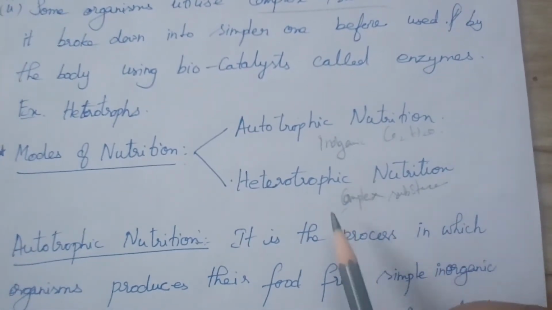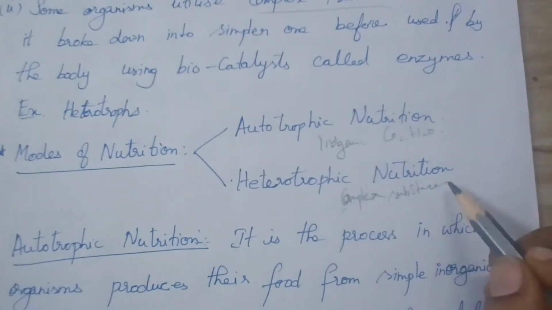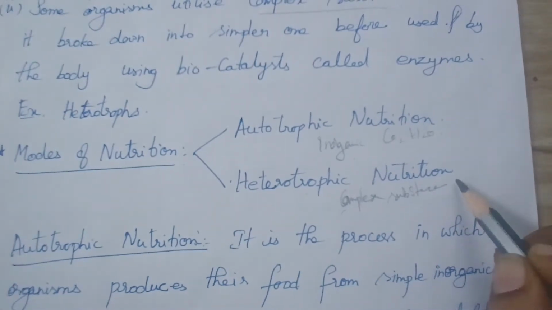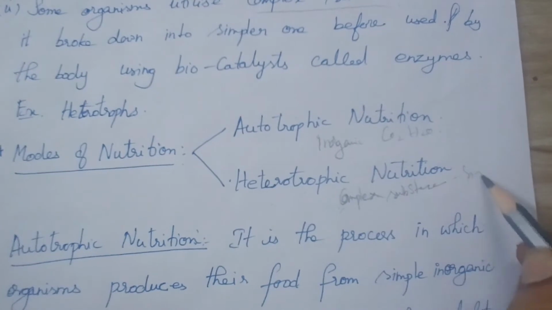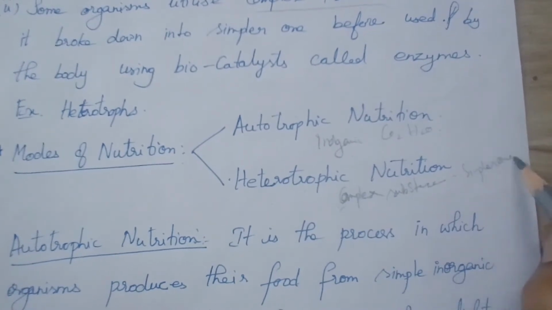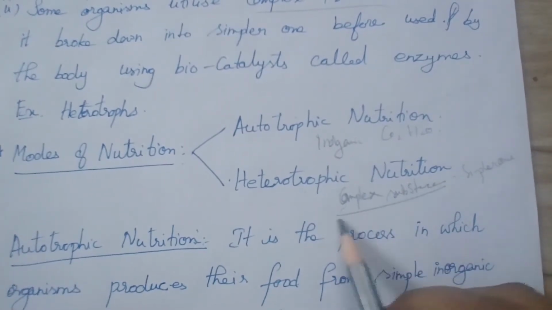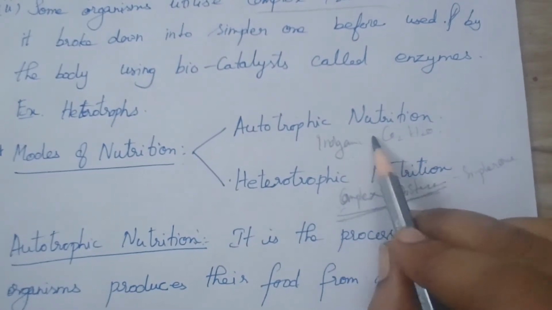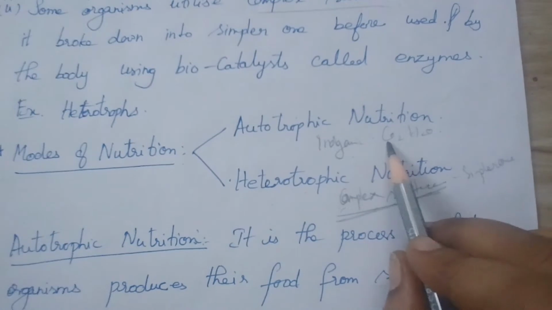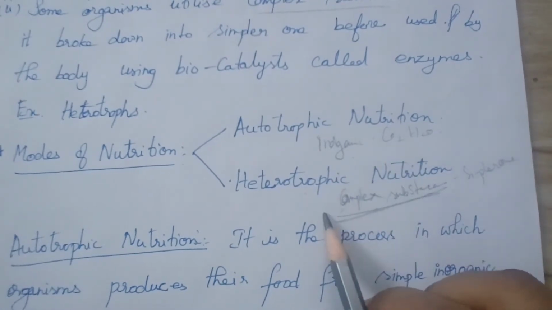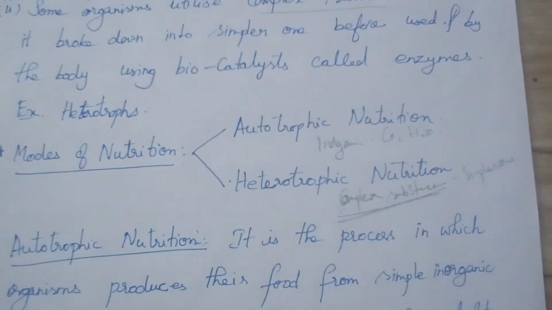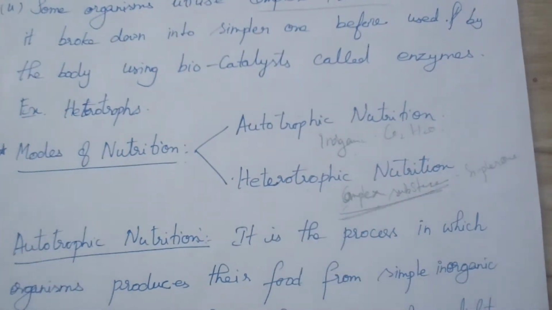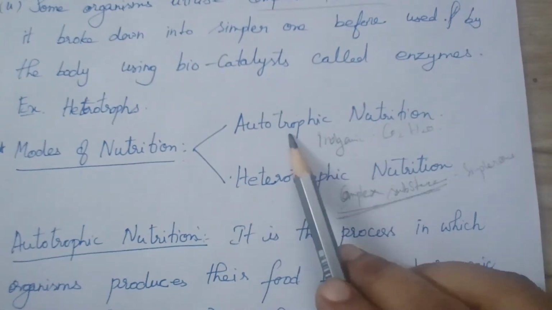They consume complex substances, then in the body itself they break them down into simpler ones. The autotrophs produce this complex organic substance, which is consumed by the heterotrophs. So directly or indirectly, the heterotrophs depend upon the autotrophs.